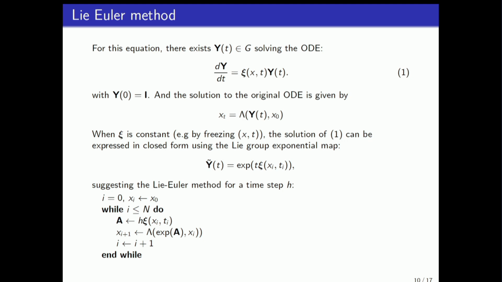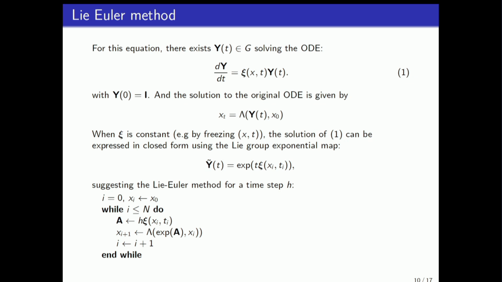So it already suggests, even if psi might not be constant, a numerical method: just freeze x and t temporarily, integrate the linear equation in the Lie group using the Lie group exponential, provided you're able to compute it efficiently, and then come back to the manifold using the group action, update the parameters, and so on.